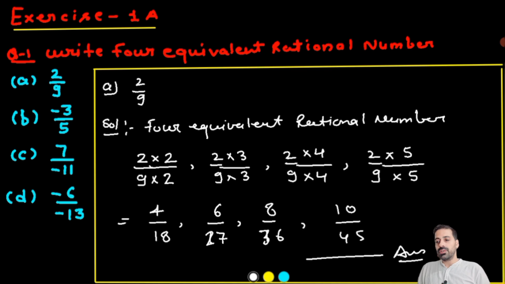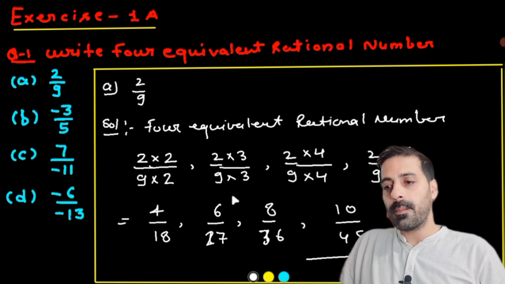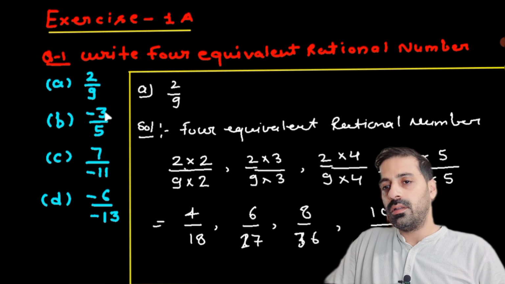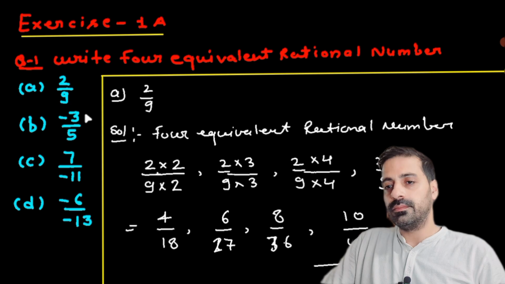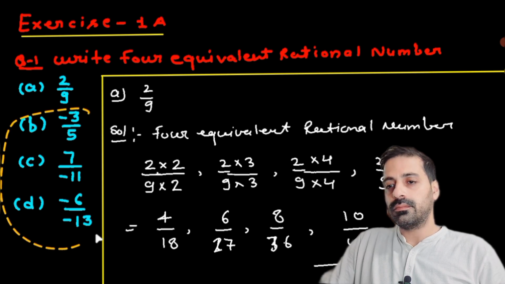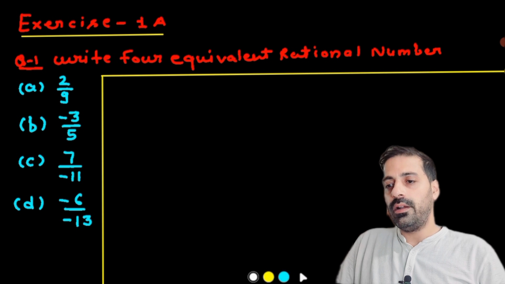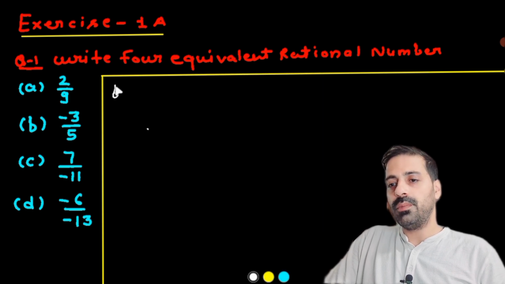Now move to question number 1 part B. Part B is given here, beta. Part B of question number 1 is negative 3 upon 5.